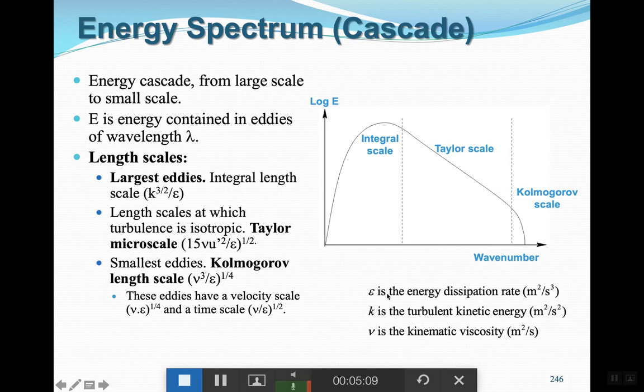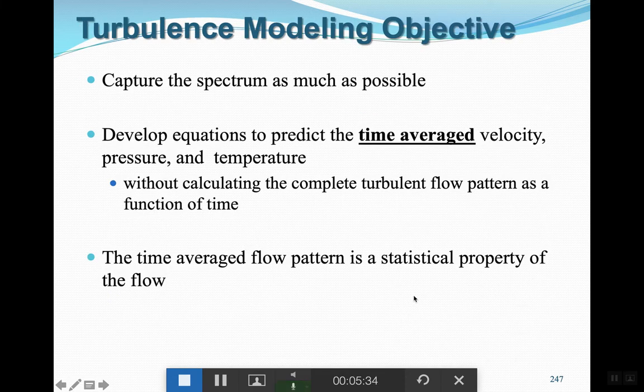Then you have epsilon, which is your dissipation rate. So in a turbulent flow, it is always and always a competition between K and epsilon. And you will see these K and epsilon parameters showing up in our models, which are used to solve turbulent flow. So K is this energy supply, epsilon is the energy dissipation.